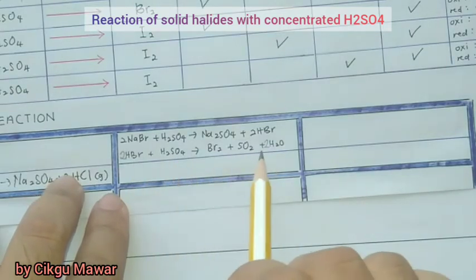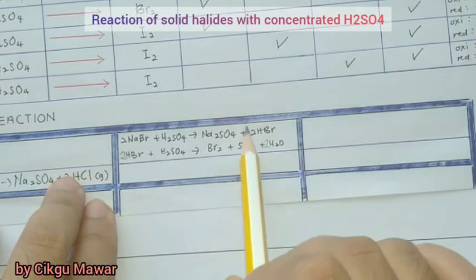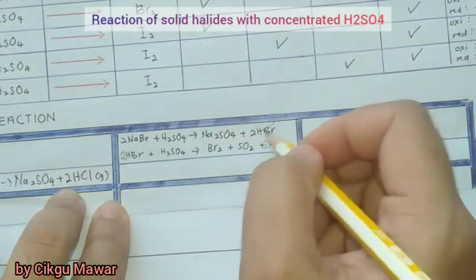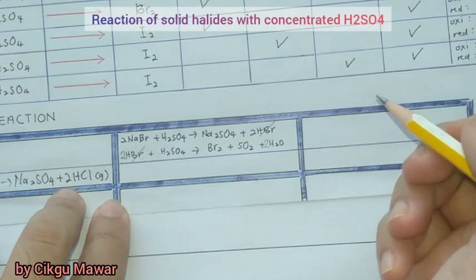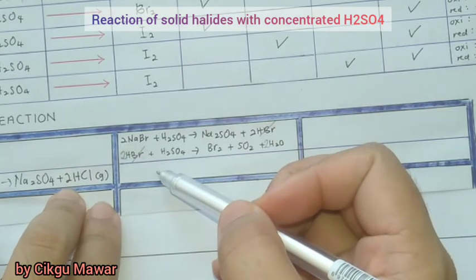So it's already balanced. Now we just complete the reaction to form the overall reaction. So the HBr we can cancel out here, and then we can write down the overall reaction below.